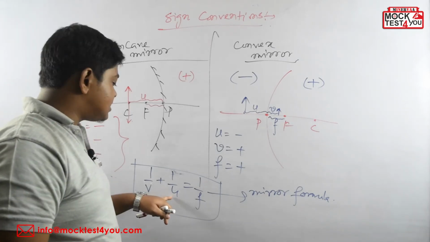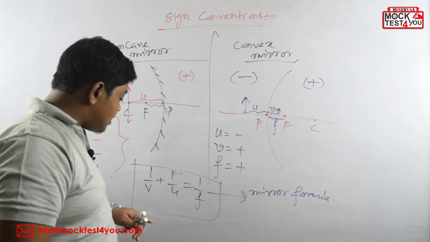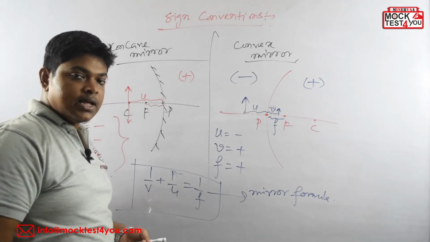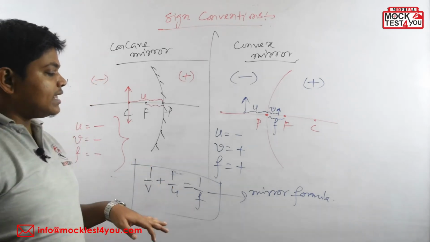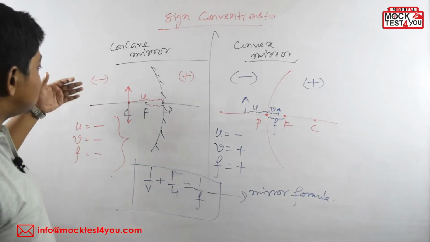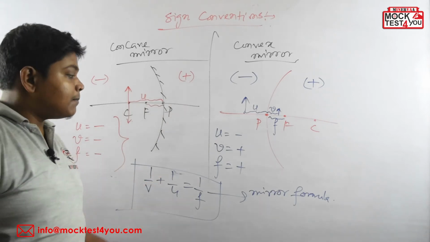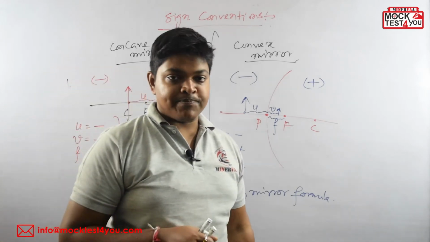Suppose the object distance and the focal length are given, we have to find the image distance. Otherwise, the image distance and the object distance are given, we have to find the focal length. Lots of cases are possible with the mirror formula. In its application, we should implement the sign conventions of these two mirrors, right? But before proceeding to numericals, we should know some things.